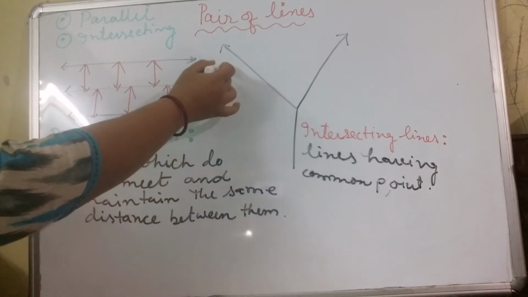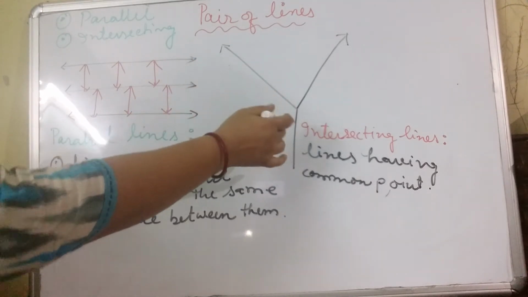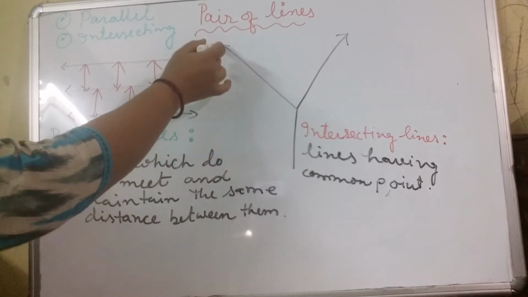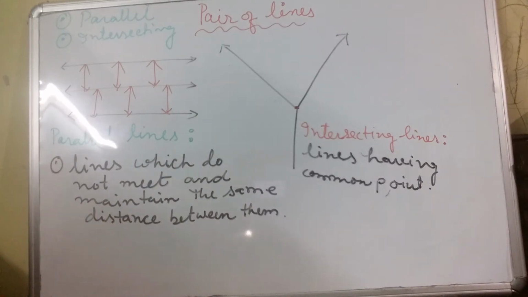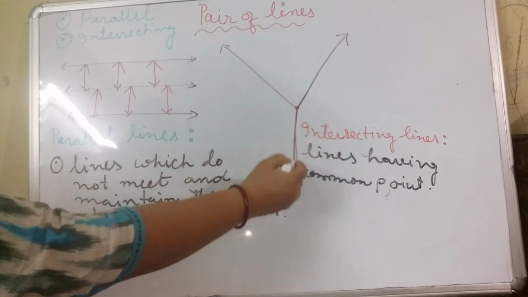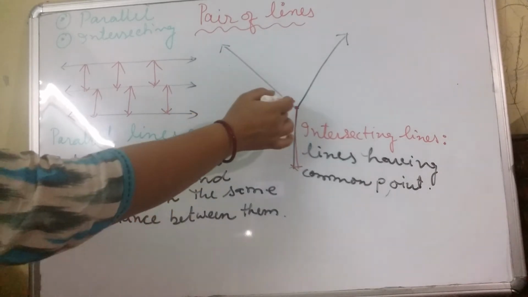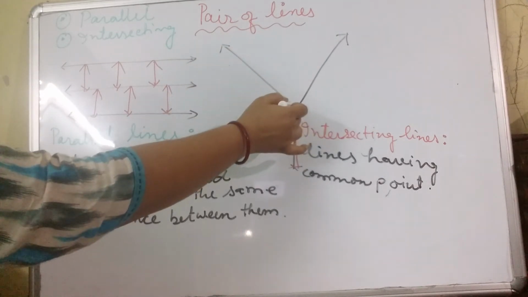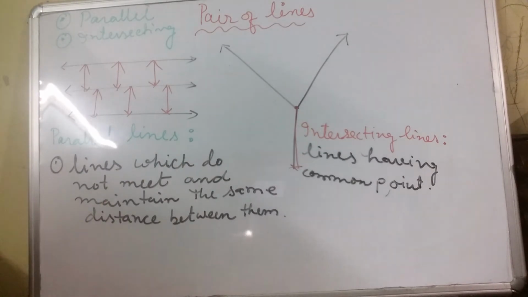Now come to this. You might say that I have written y here, but no. Here these are 2 lines, they are meeting with each other. That means this point with this line, this point is a common point. Okay. So these types of lines that are having common points where they meet are called intersecting lines.